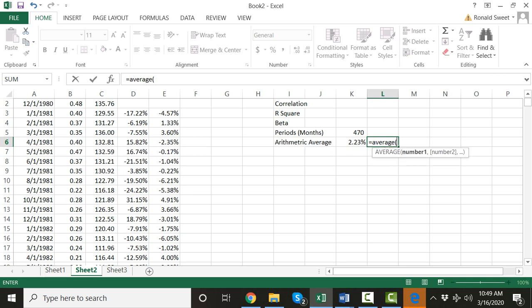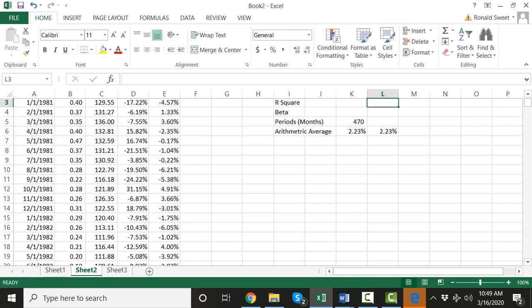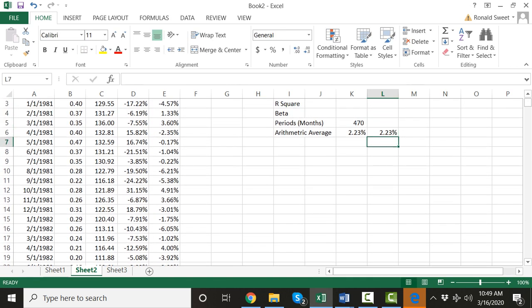And that's what I want you to get in this session, is how you can do these manually and using the Excel function and see if you get the exact same answer. So there's arithmetic. If we annualize that, we just take the monthly times 12. And so their annualized return is 26.8.